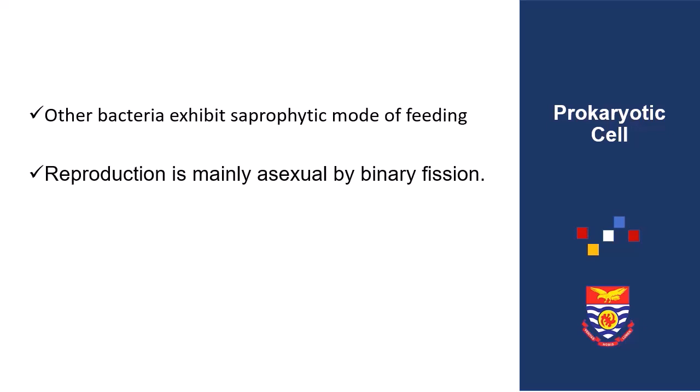They secrete enzymes onto complex organic substances, and the enzymes break these down to simpler forms, and they then absorb the soluble products into their bodies. With regard to reproduction, they exhibit asexual reproduction by binary fission, whereby a single cell is divided into 2 daughter cells.